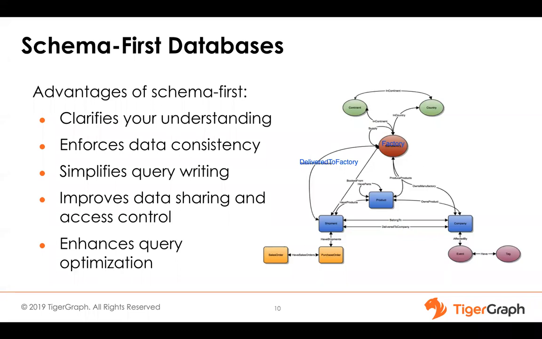As we said, it also enforces data consistency. So all the data you have satisfies that data model or data schema. It's already performed some data cleansing or data filtering on the front end. Third, it simplifies query writing.